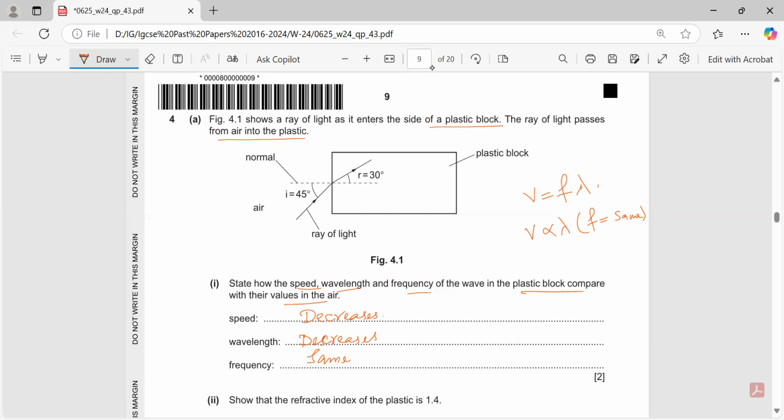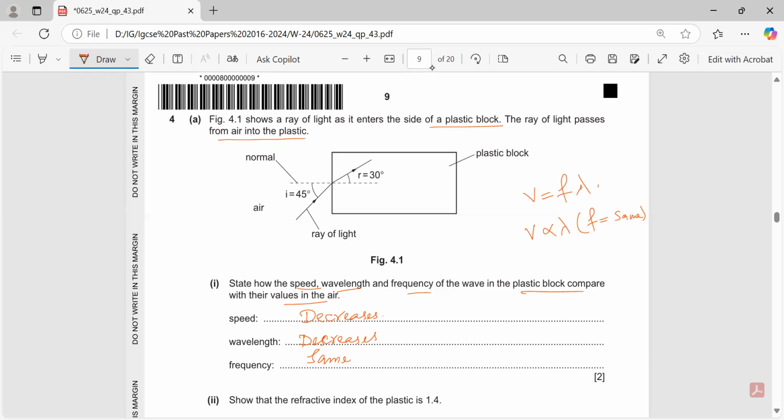For the incident wave and the diffracted wave after passing through the gap, they stay the same. Similarly for reflection of light, speed, wavelength, and frequency for incident and reflected rays stay the same.